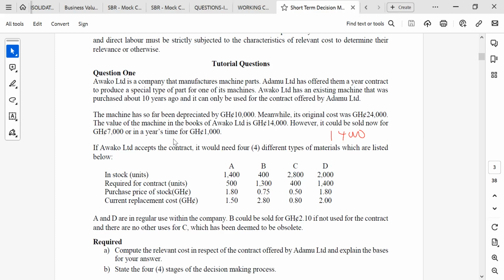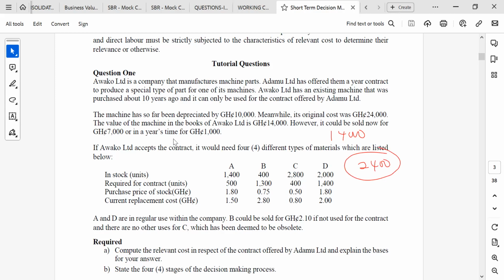Let's look at the depreciation. What will be the depreciation every year? The depreciation will be 2,400 every year.